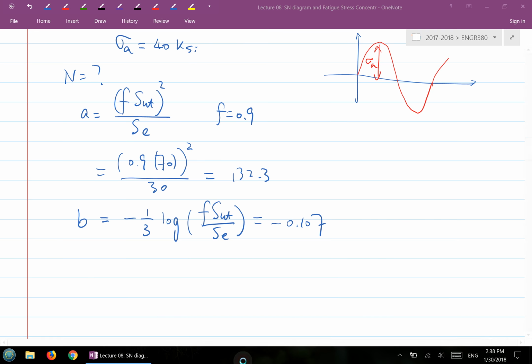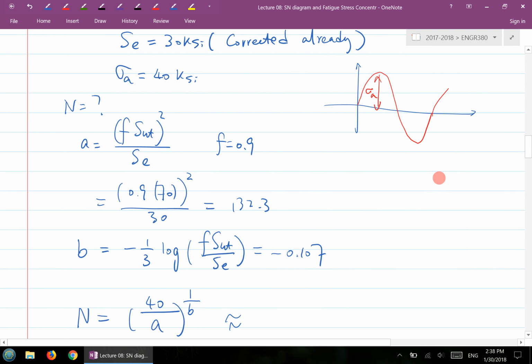So now you can estimate the number of cycles to failure, which is sigma A over the A value, to the power 1 over B.